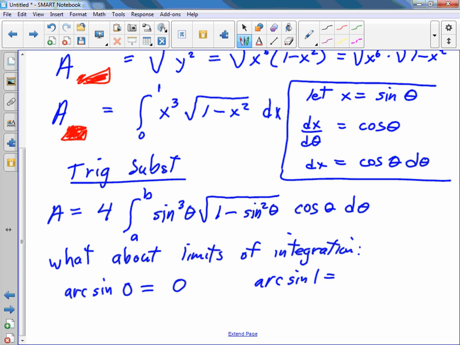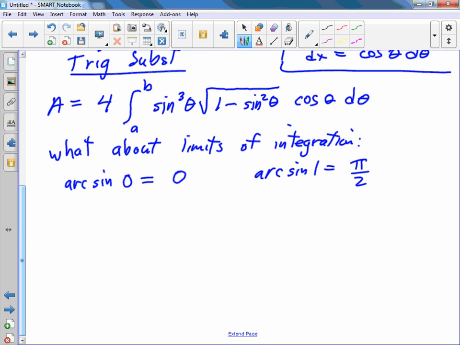It's an angle in radians. No. Pi over 2. Thank you, Tom. Pi over 2.